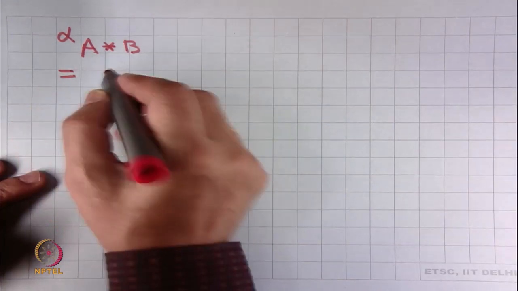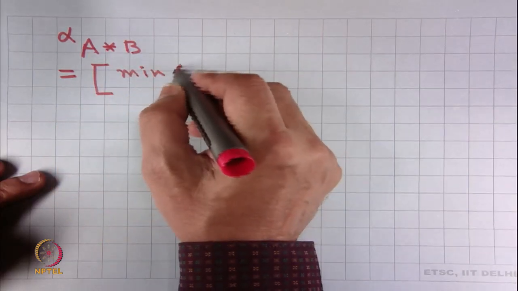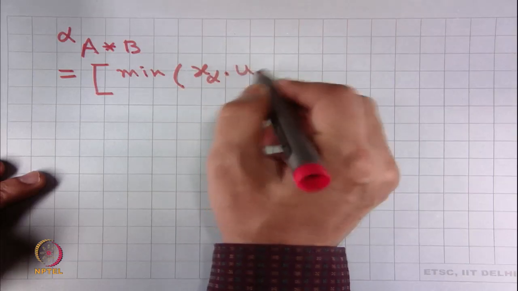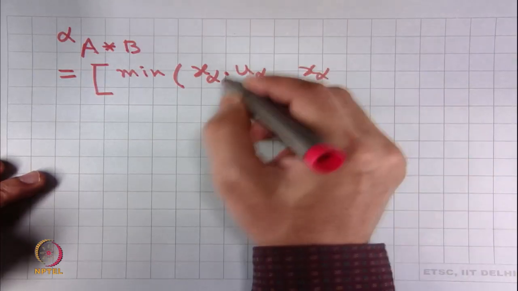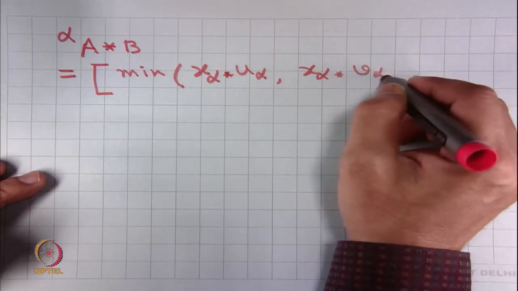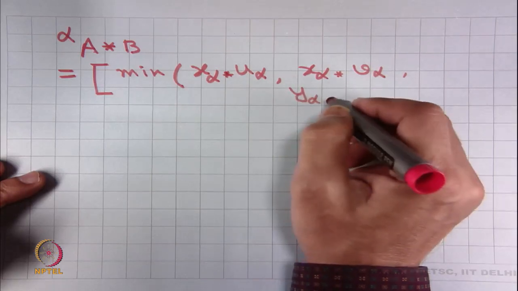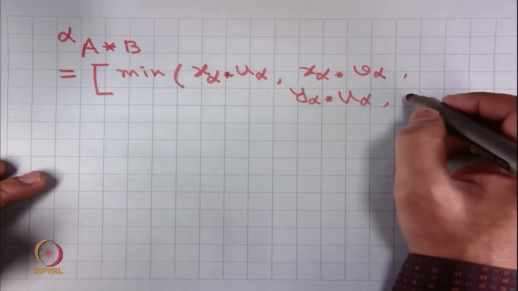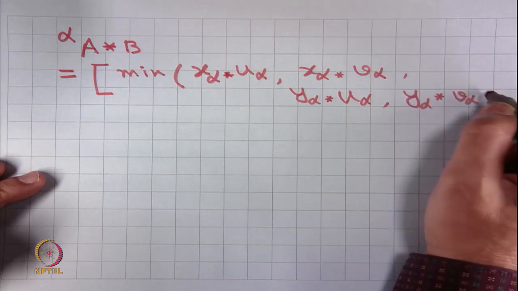the minimum of x alpha times u alpha, x alpha times v alpha, y alpha multiplied by u alpha, and y alpha multiplied with v alpha.